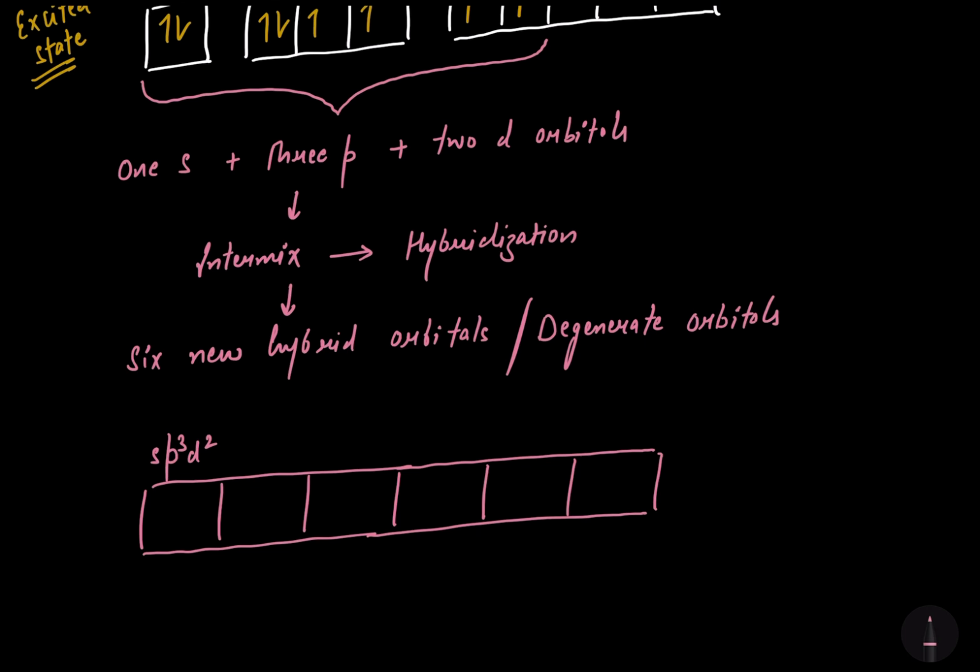So the second hybrid orbital will also be named sp3d2. Third one is also sp3d2. Fourth one is also sp3d2. Fifth one is also sp3d2, and sixth one is also sp3d2.